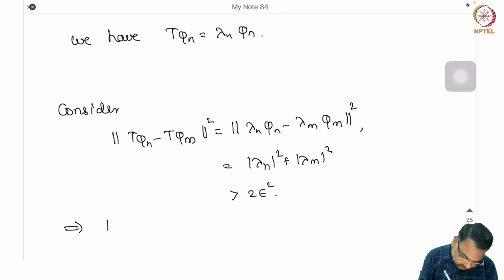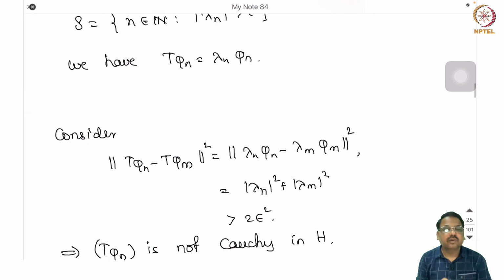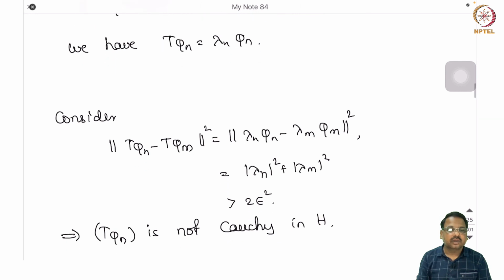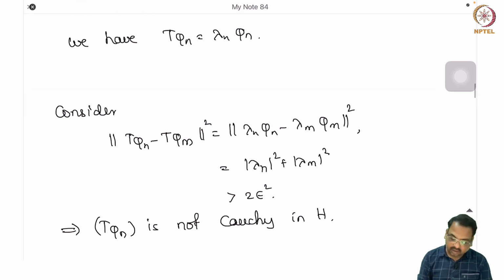So this implies that T phi n is not Cauchy in H. But phi n is a bounded set, and since T is compact, T phi n should have a convergent subsequence, but we have shown that T phi n is not Cauchy.